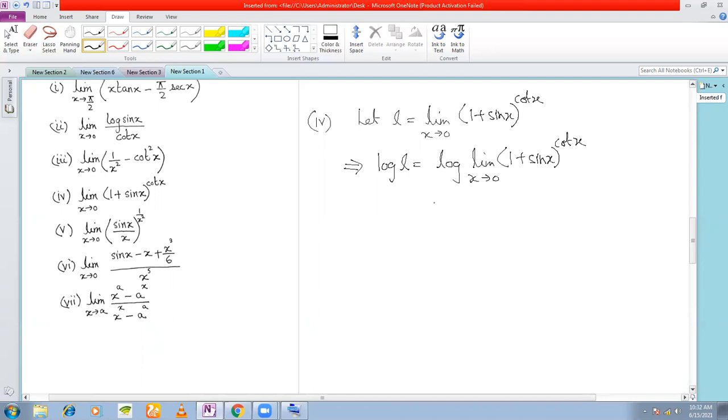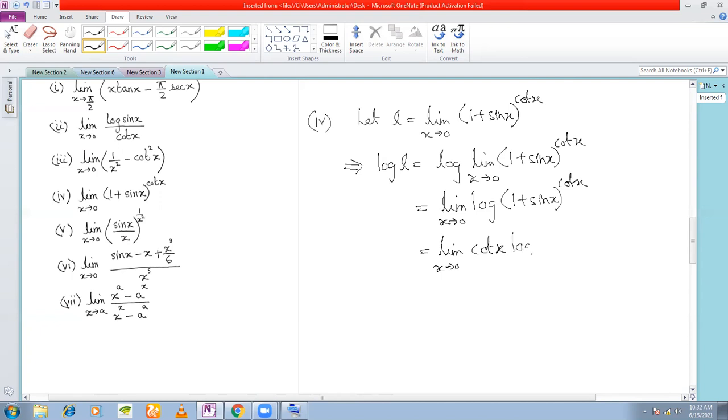Now see that log and limit are interchangeable. If you remember back in class 11, I had told you that log and limit can be interchanged. So I can write limit first and log later. Okay. So now what happens? You get limit x tends to 0, cot x comes here.